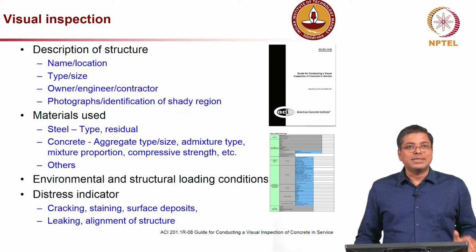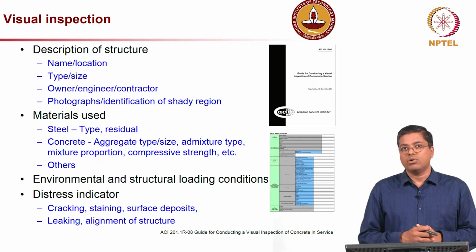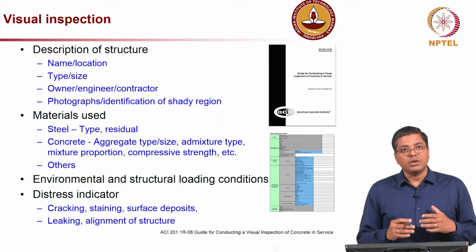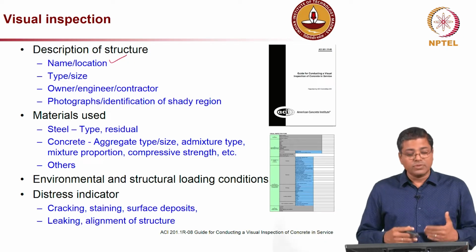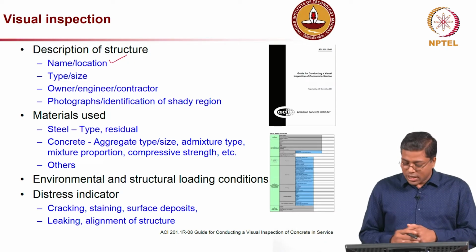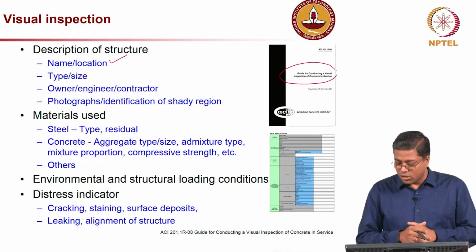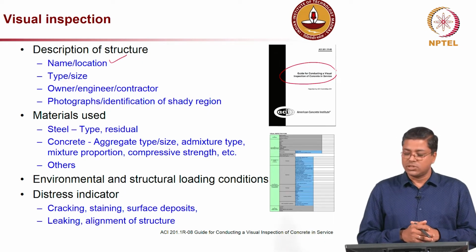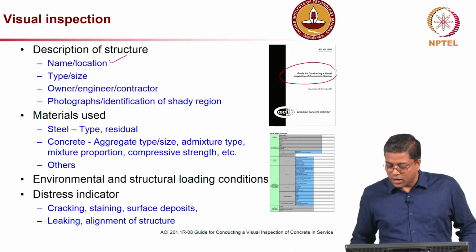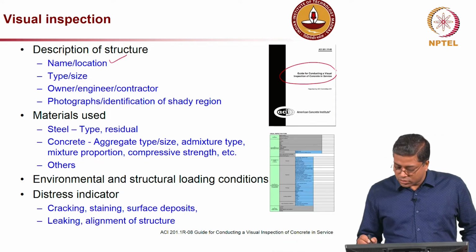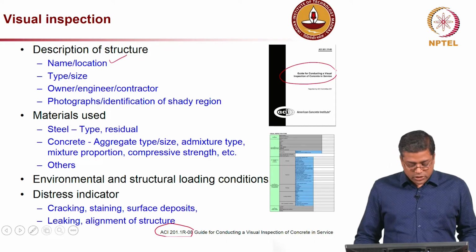Now, in more detail on visual inspection, what things do we have to look for? First, even before the inspection if possible, you have to get the background information, and all this information should be recorded. There is a nice ACI guideline on how to conduct visual inspection in concrete structures, ACI 201.1R-06, a guide for conducting a visual inspection.